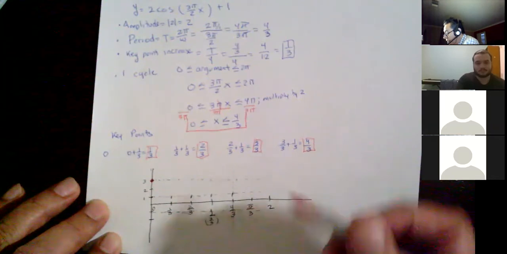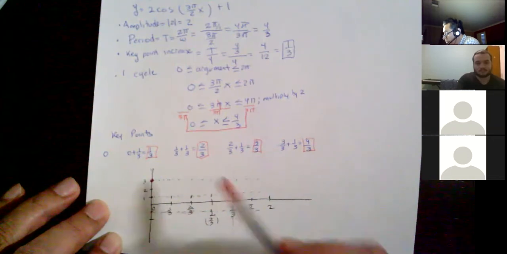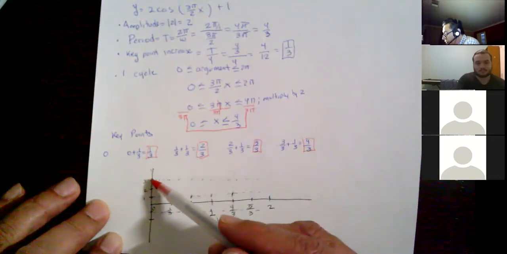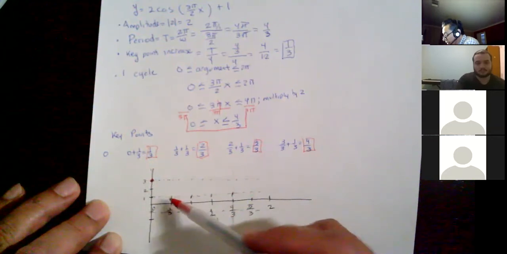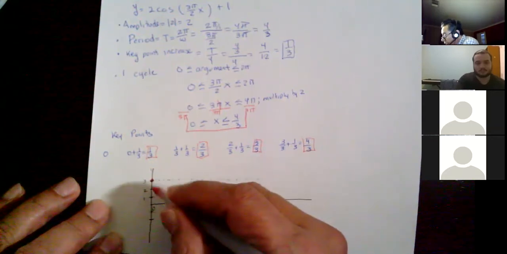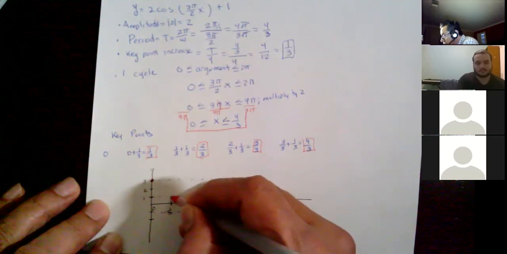Then, since these are the key points right here, I know that it starts at 1 and it goes back to 0, the next value.